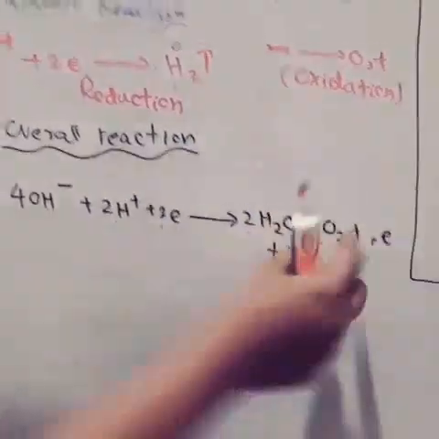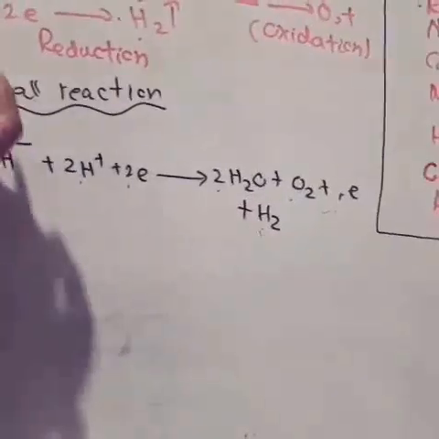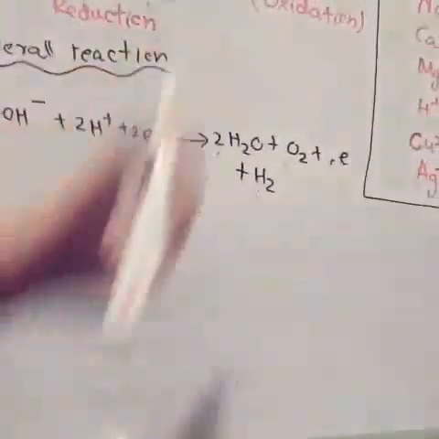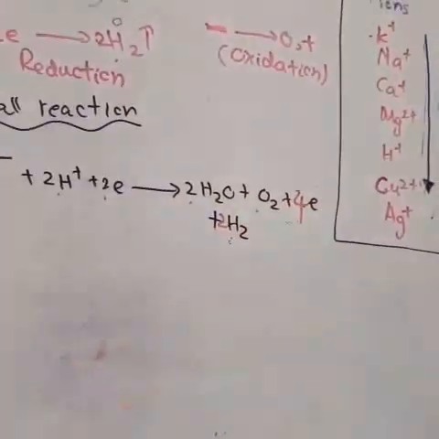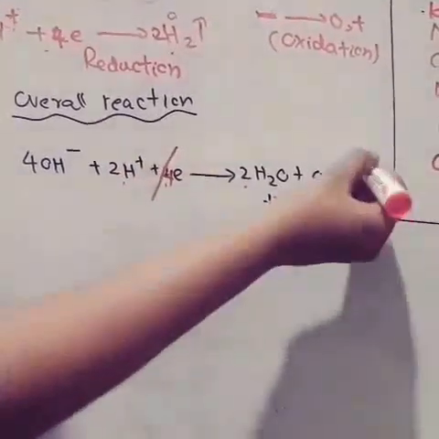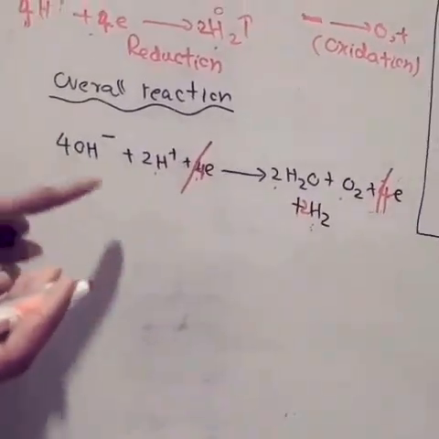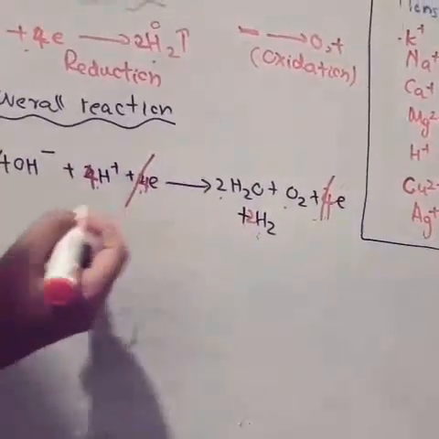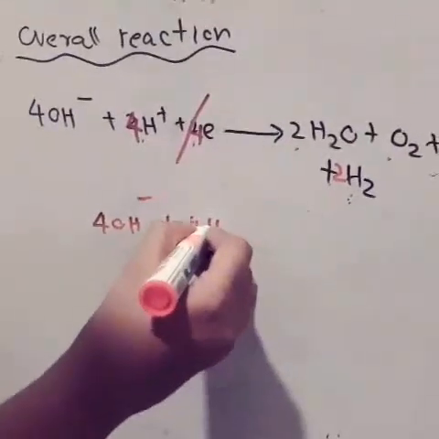Before that we have to multiply this with 4, then this also ends up with 4. This one will be 2 hydrogen, and therefore 4 electrons, and here also 4 electrons. The 4 electrons and 4 electrons cancel. Altogether we have 4 hydrogen and 4 electrons.